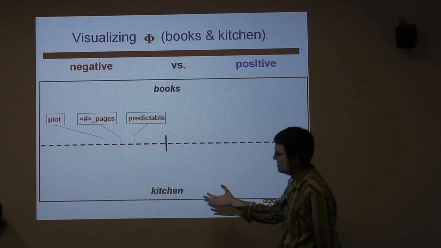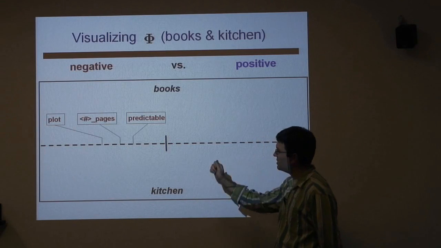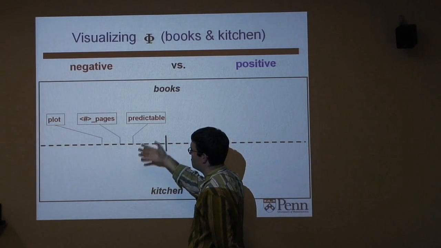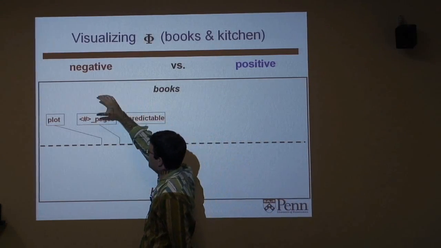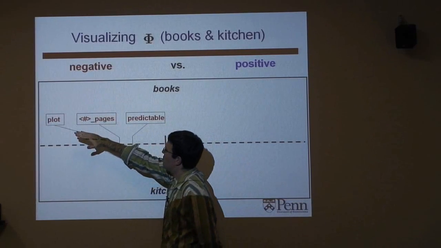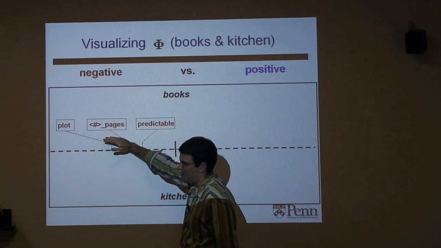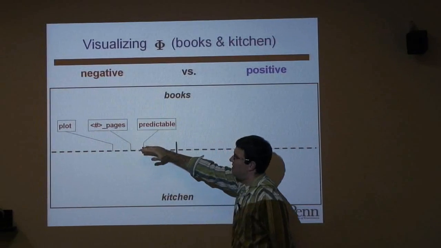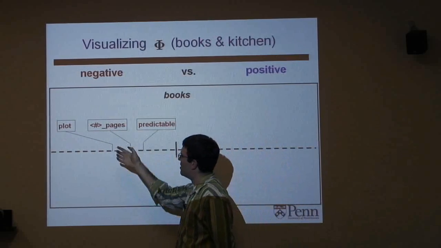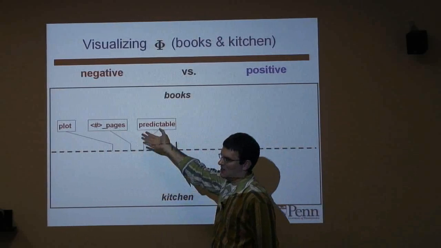What I'm showing you in the top left here are words that only occur in the books domain and are negative under this projection. So this is a single column of phi. Plot: if you talk about the plot, you don't like the book.